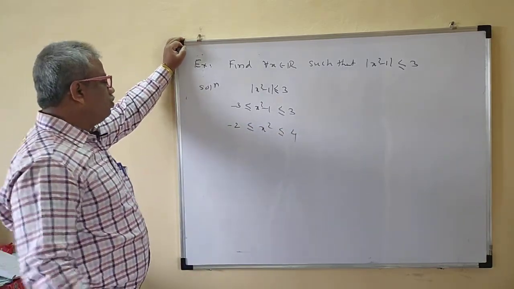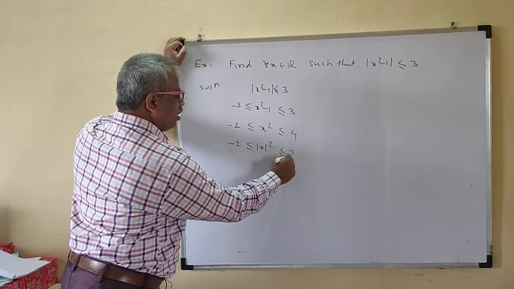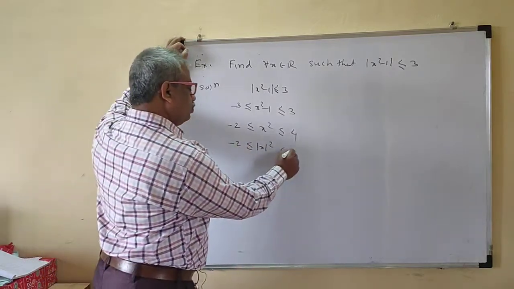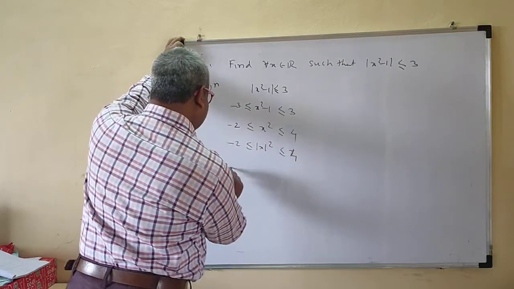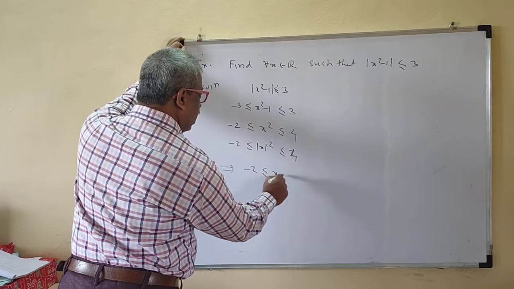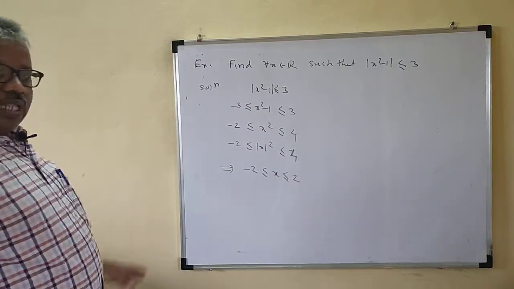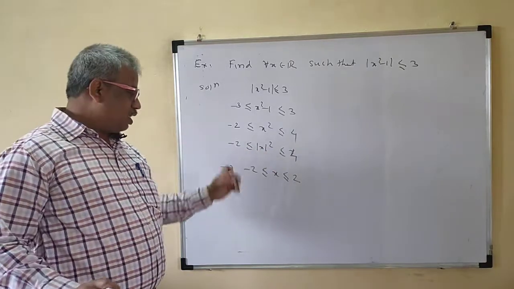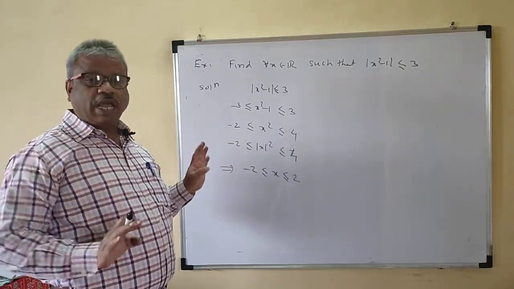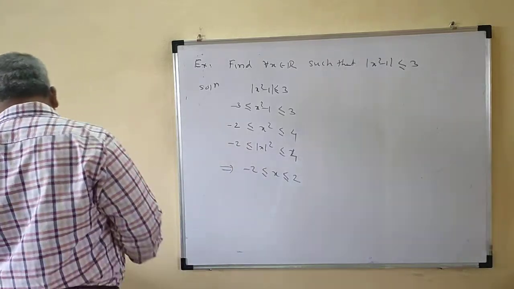Okay, and this implies that minus 2 less than or equal to x less than or equal to 2. Right? The square is less than 4. That means your x lies between minus 2 and 2. Okay?